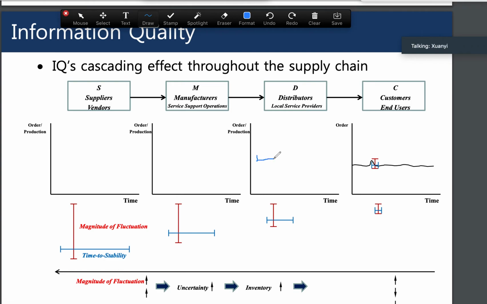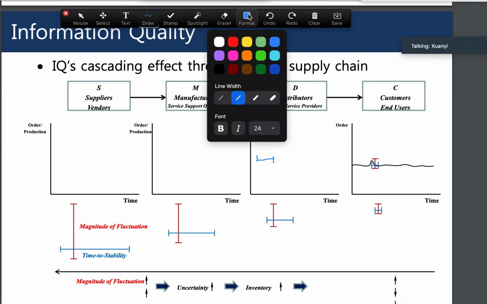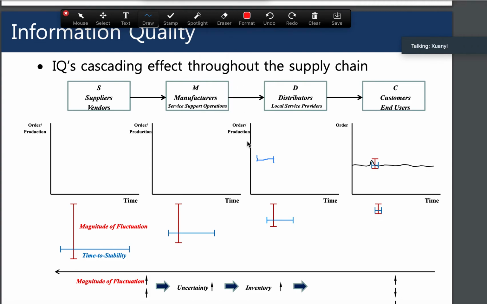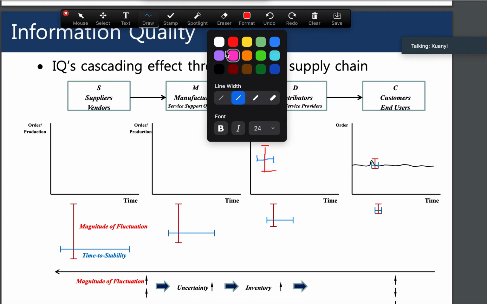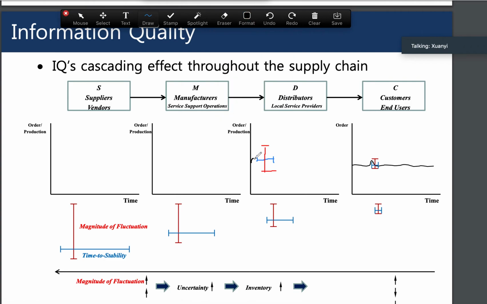So in the first case, it can be that. In the second case, it can be something like this. Now we have things like this, and our old black line now is much longer.